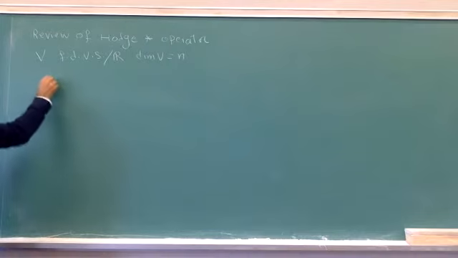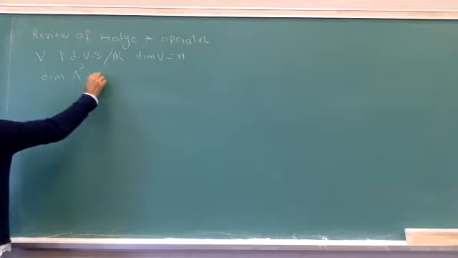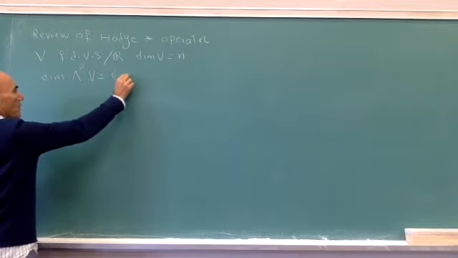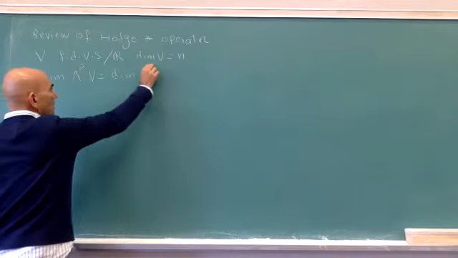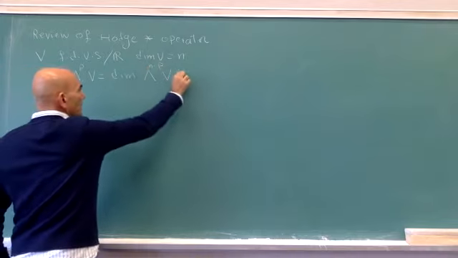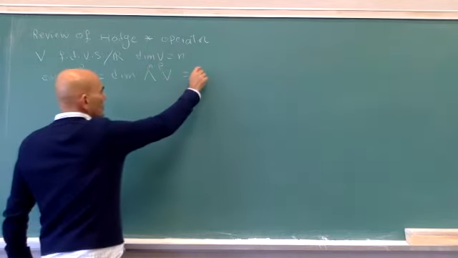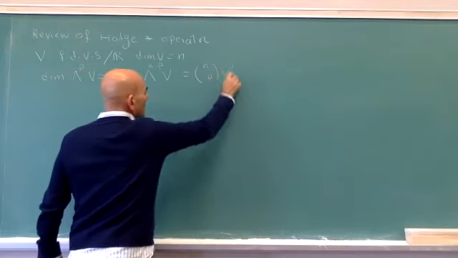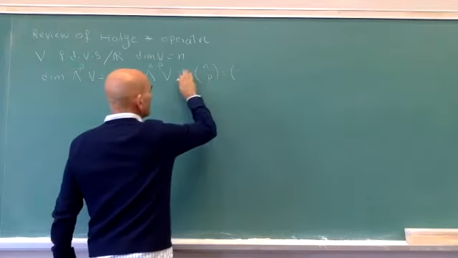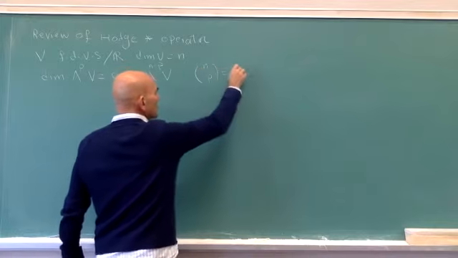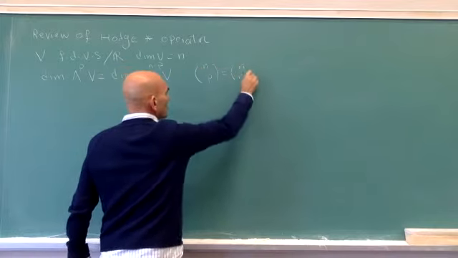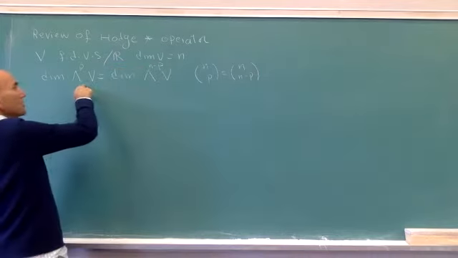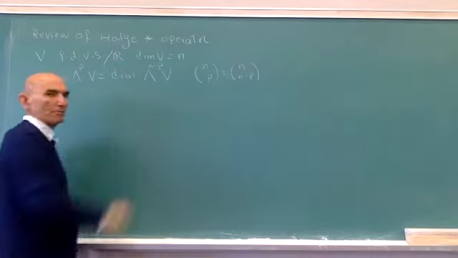Dimension of wedge P of V is equal to dimension of wedge n minus P of V, which is n choose P, because n choose P is equal to n choose n minus P.